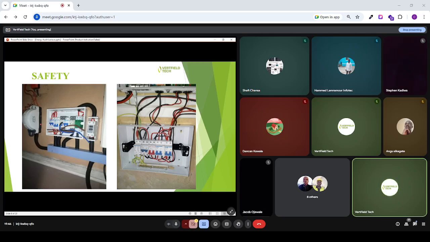You can see the changeover, the breakers, your surge protector, your monitors. This is the box we're talking about, where you do all the connections and the system will work effectively, perfectly.